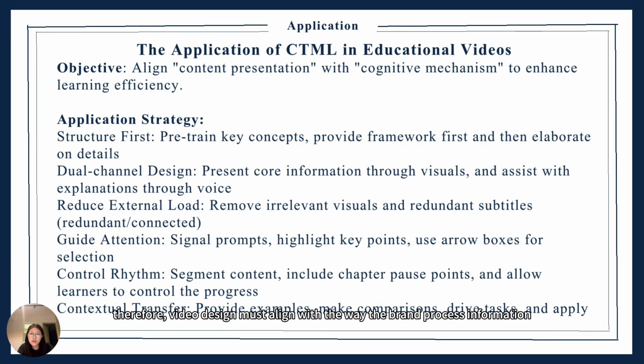Therefore, video design must align with the way the brain processes information rather than merely focusing on appearing attractive or being flashy. Specifically, one can start with the following five design principles.